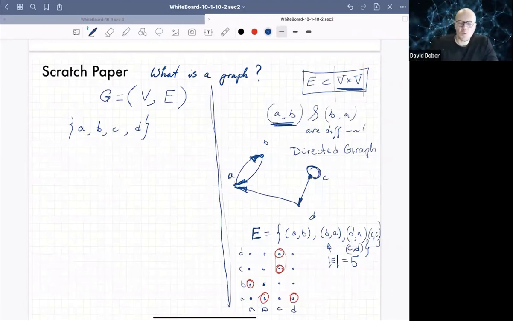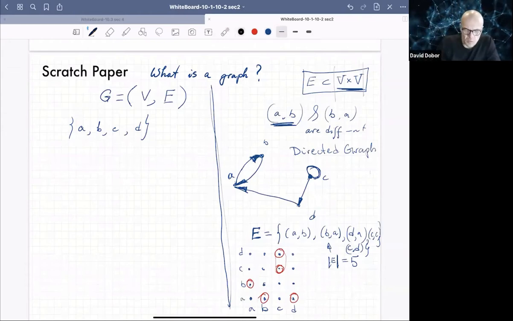So you reach into the bag and draw 2 elements at a time. If you draw A, B, there's no notion of order. Did A come first before B, or did B come first before A? That doesn't matter. Obviously, you cannot draw the same element while you're drawing 2 of them. So there's no CC or AA or anything like that. You draw AB, and that's the AB that you draw.